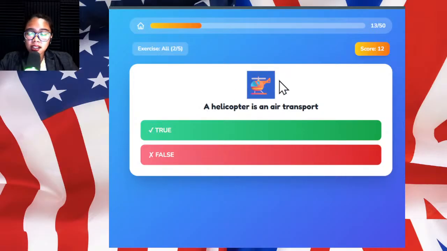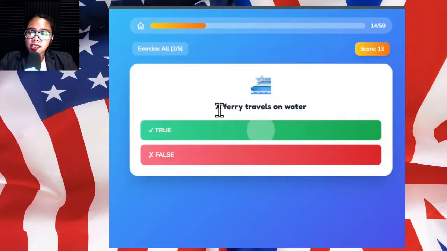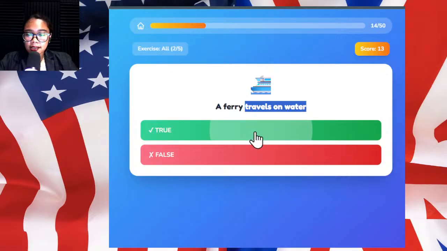This one is true. Next, a ferry travels on water. You can see the water here. This type of transportation vehicle travels on water and stays on top of the water. So this is true.